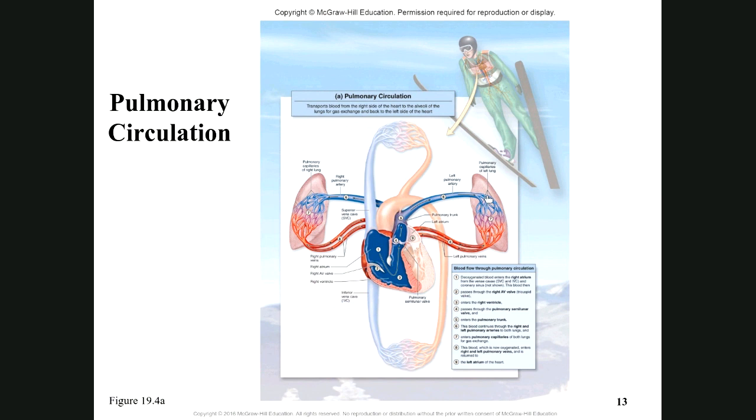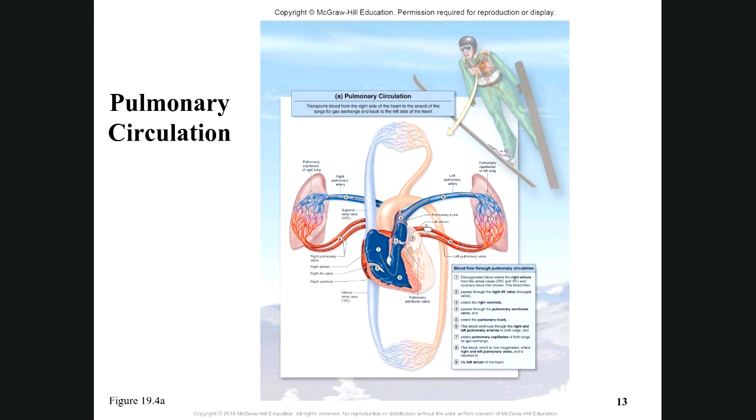Here you can see the capillaries. Capillaries are the site of exchange. This deoxygenated blood gives its carbon dioxide to the lung and receives oxygen from the lung. And then you have two blood vessels on the left side and two blood vessels on the right side. They are the right pulmonary veins, and on the other side you have the left pulmonary veins.